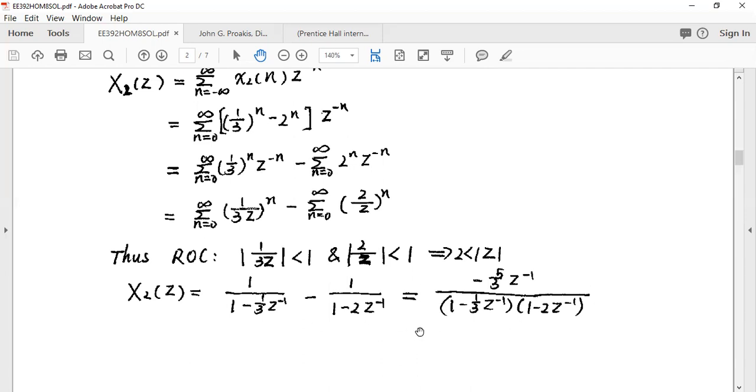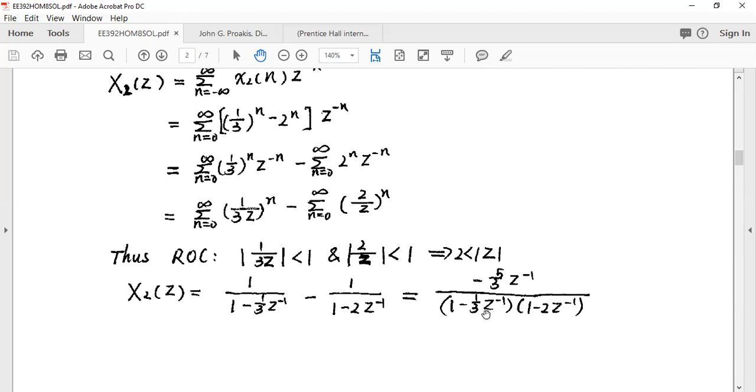Again, the region of convergence for this particular case will be governed by the absolute values of these two terms. From this term, the absolute value of z is greater than 1/3, and from this, the absolute value of z is greater than 2. So we have two definitions for z.